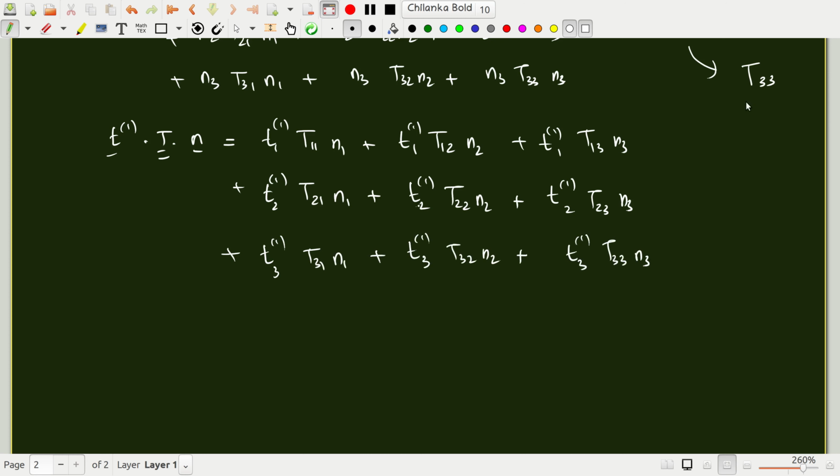Now if I substitute that only t1 of 1 is 1 and n3 is 1, and all the others are 0, then the only thing that survives is t1 of 1 and n3. So this will give me T13. All the others are 0.